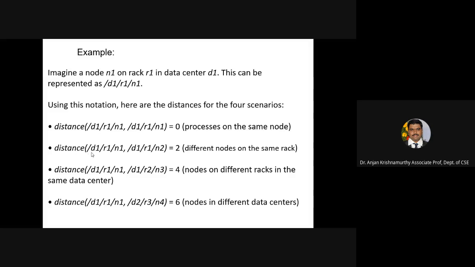The second, the processes exist on two different nodes of the same rack server, so /d1/r1/n1 and /d1/r1/n2. Now the distance between these two is that you have to jump from one node to another node, so the distance value for this is 2, right?